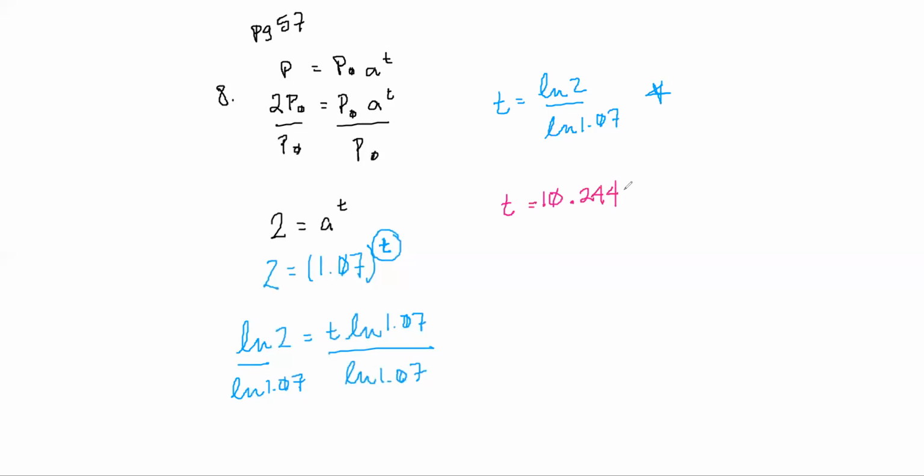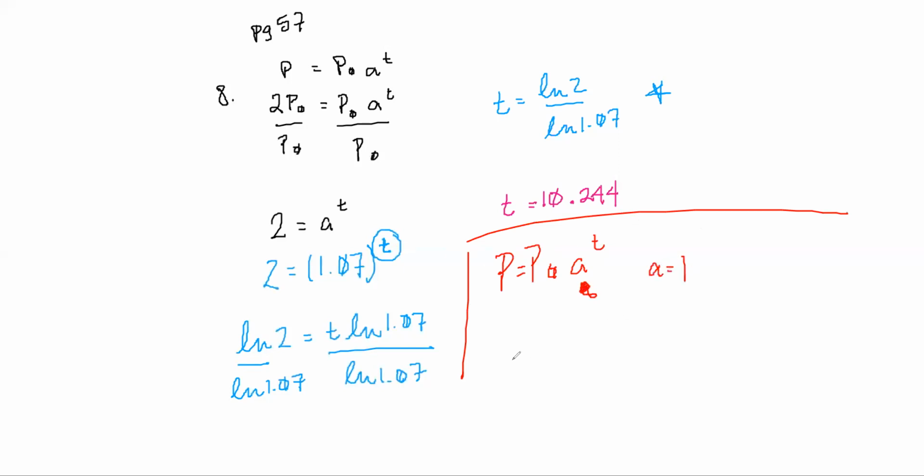I have a question. How did I get 1.07? Okay, so basically what's going on in the anatomy of p is equal to p naught a to the t. This a, let's think about it if a is equal to 1. If a is equal to 1, it is not growth nor decay, because p is equal to p naught whenever t exists.